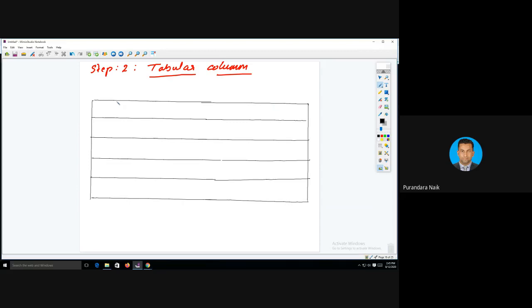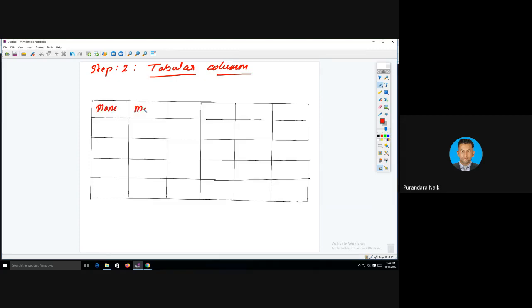Six columns. First one for the plane, second one mass, radius, centrifugal force, distance from the reference plane, and the last one for the couple. First one is for the name of the plane.